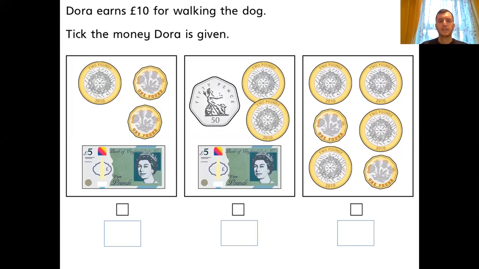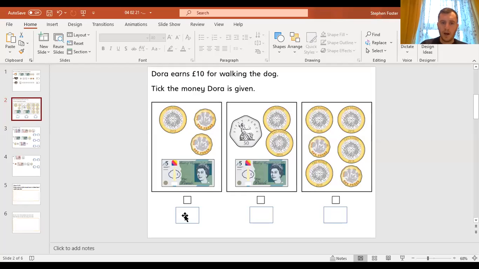So the way I would solve this one, I would go through each one and see how much the total is. So the first one, £5 plus £2 is £7, plus another one, 8, 9. I'm going to write £9 in here to show the total there. So that one wouldn't be correct. Next one, £5 plus 2 is 7, plus 2 is 9, plus 50, that would be £9 and 50 pence, which I can show like that.